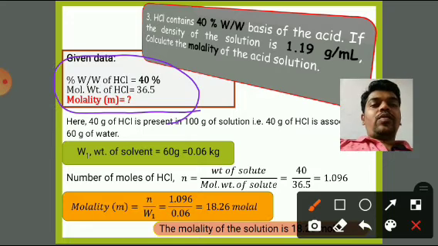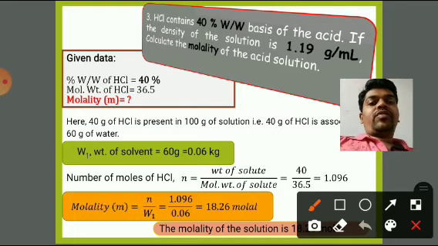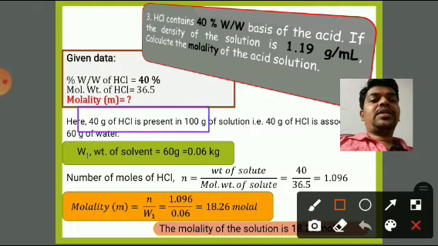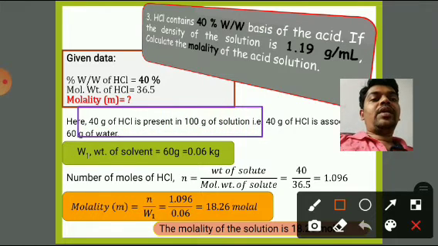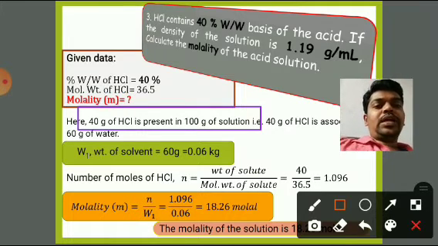Here it is given that 40% weight by weight. That means 40 gram of HCl is present per every 100 gram of solution, that is weight by weight. So that means 40 gram of HCl is present, and the rest, 60 gram, is associated with the water.